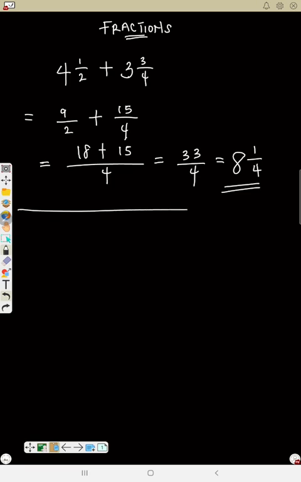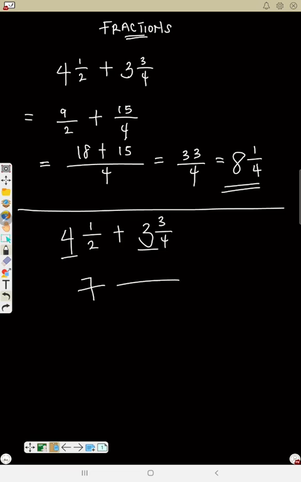So your primary school method, you have 4 whole number 1 over 2, plus 3 whole number 3 over 4. So 4 plus 3 is 7. So you now have LCM of 2 and 4, that will be 4.